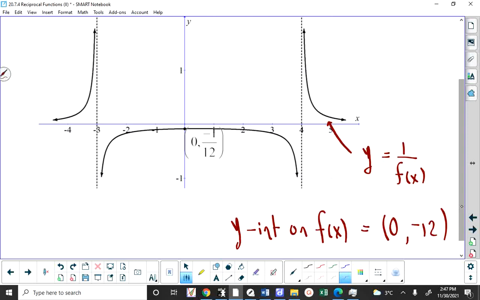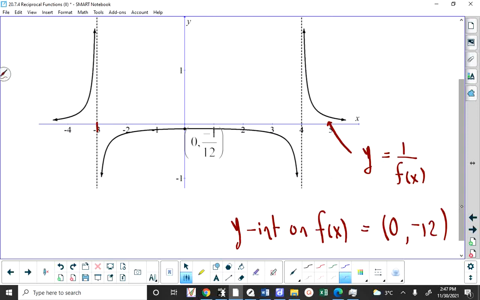We don't have room to plot that point. But we should make a mental note that whatever quadratic function we come up with, it has to have a y-intercept of negative 12.